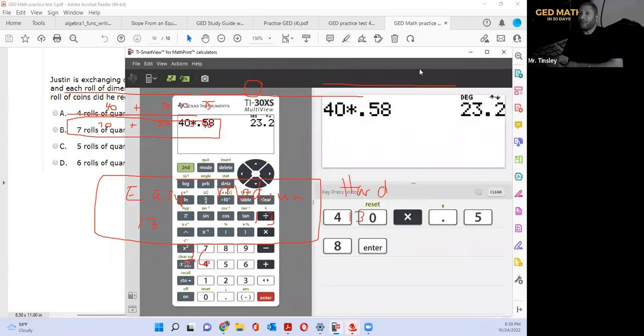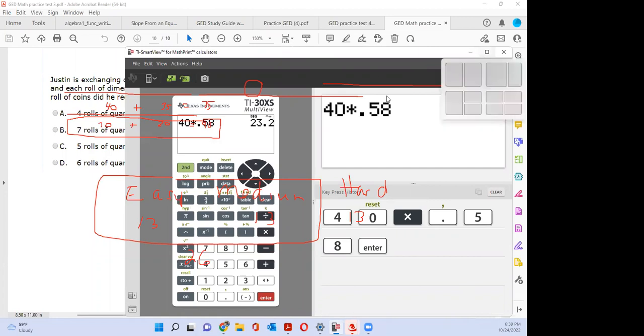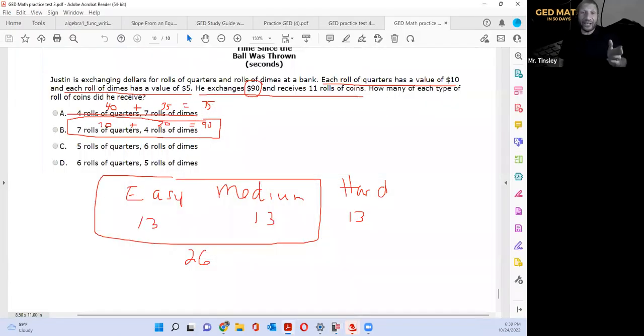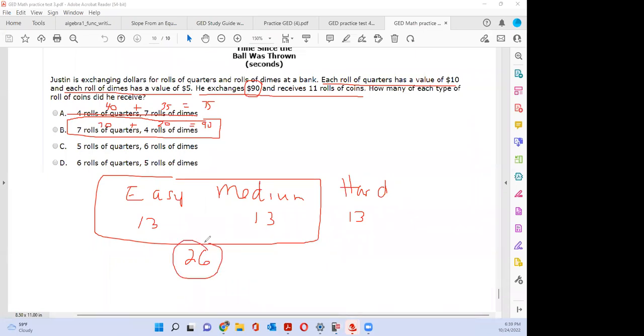How many questions do I need to get right to pass this test for 58%? 23. If I answer just the easy and medium ones correctly, how many should I get? 26. Do I pass? Absolutely.